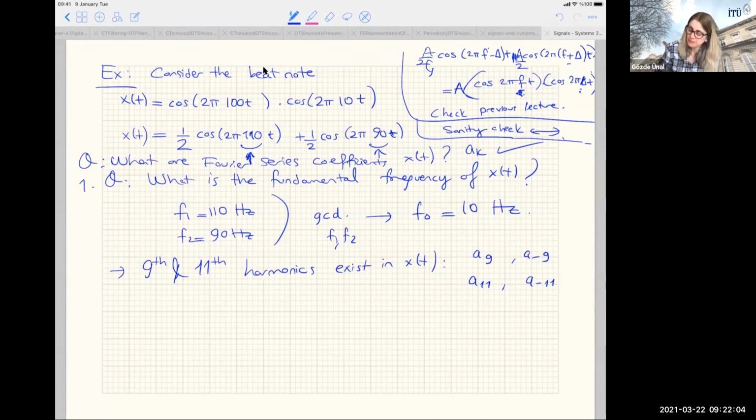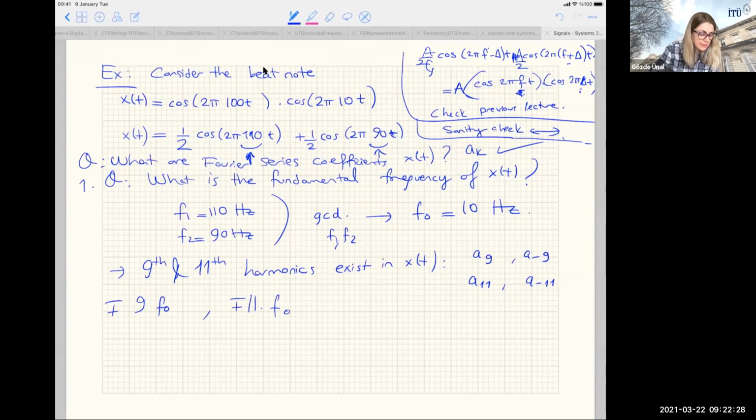We have k times f0, right? So I have k f0, 9 f0 plus minus, and I have plus minus 11 f0. These are the 9th and 11th harmonics in the signal.